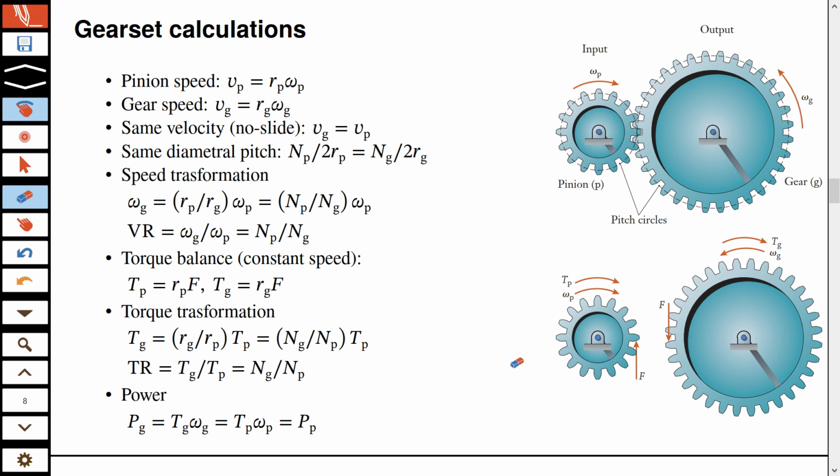Because this is a gear, the effort will introduce a torque. Let's call that torque TP. Of course, this TP also means that there will be some force involved, okay? But when I write TP, torque applied to the pinion, it automatically implies a force. And of course, this will involve motion, so I write omega p for the angular velocity.